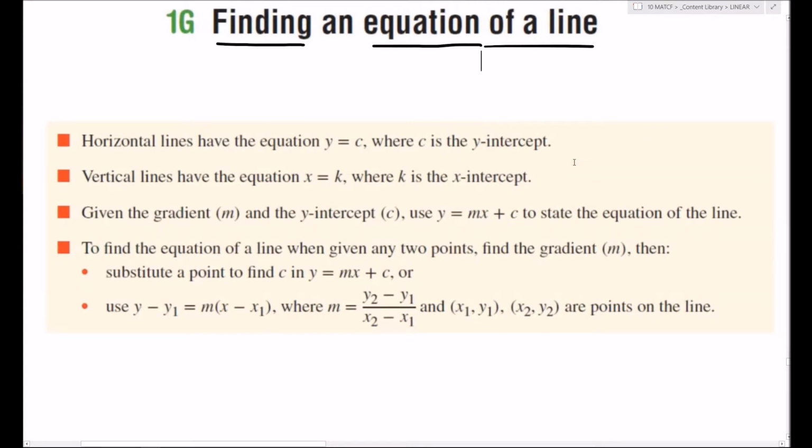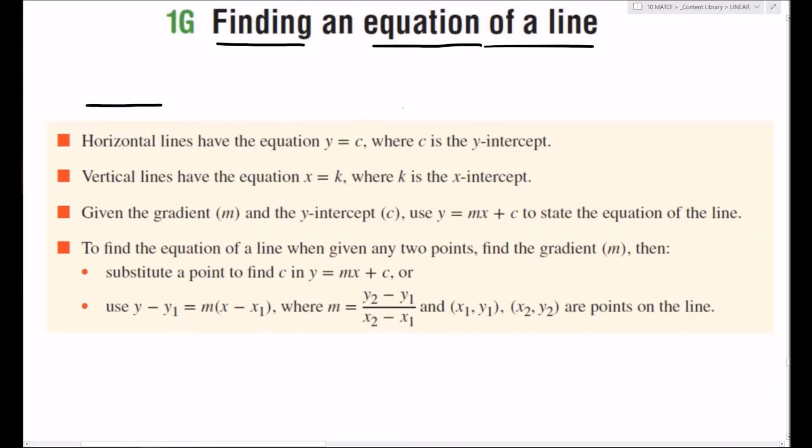Right, just a couple of things we need to look over before we start. Horizontal lines, meaning a line that looks like this, just a straight flat line, have an equation where y equals c, where c is the y-intercept.